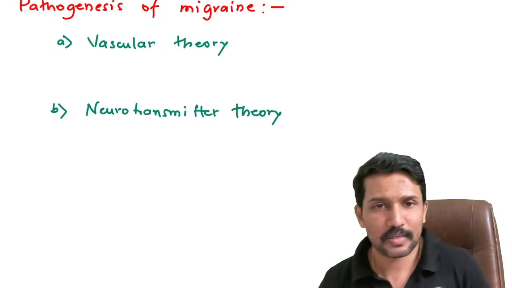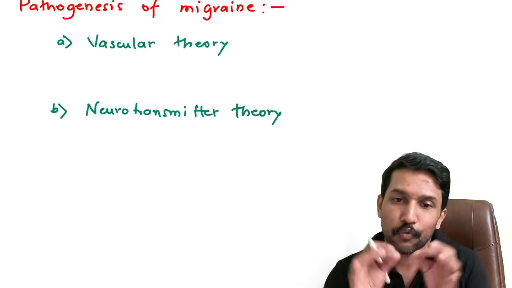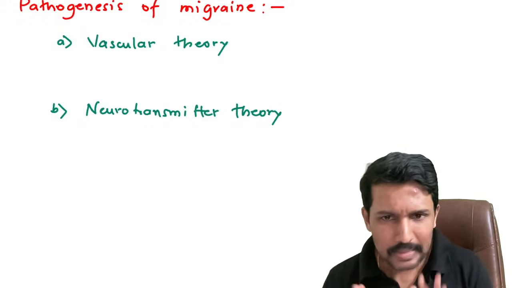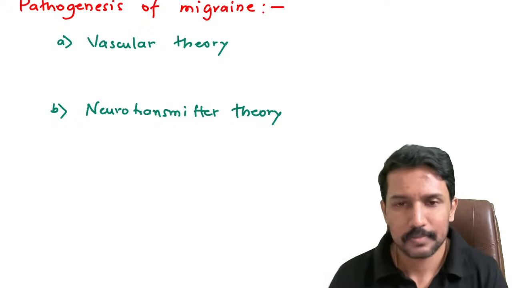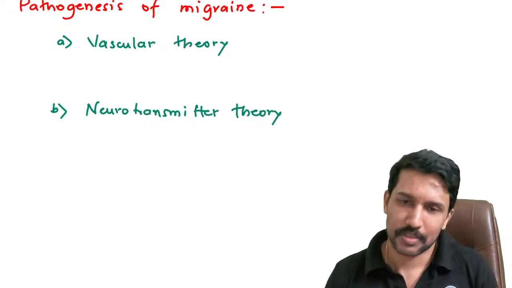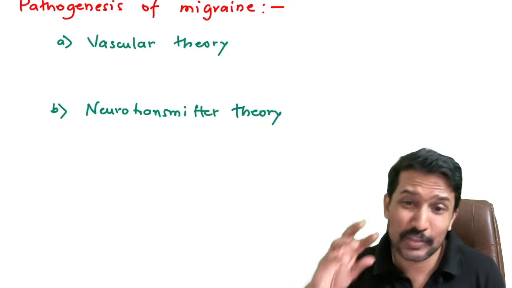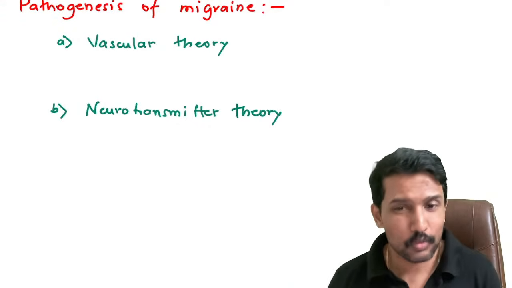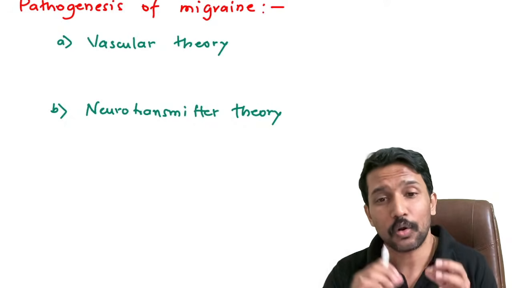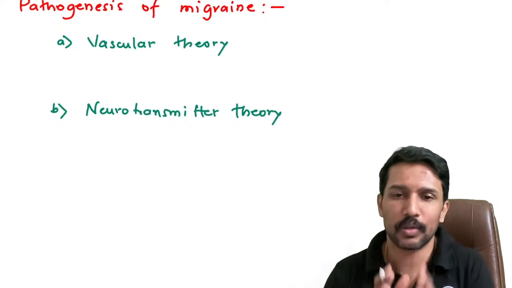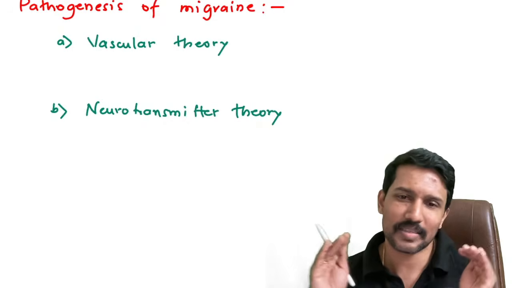So what the vascular theory said is the headache is because of vasodilatation. Makes sense. Why does it make sense? Because if I cause vasodilatation in some part of the brain, the blood vessel is dilated, more blood is flowing to that part of the brain. But do I have the space to accommodate this extra surge of blood into the brain? No. My skull has set a limit.